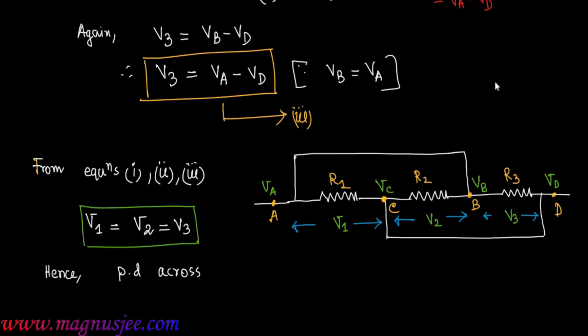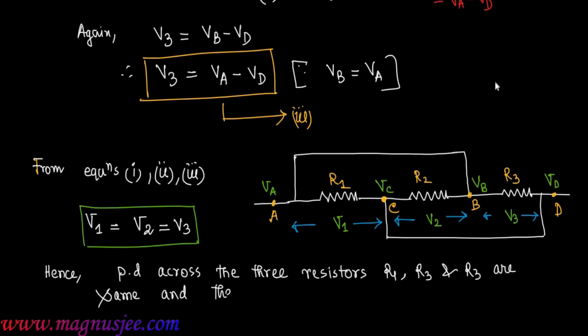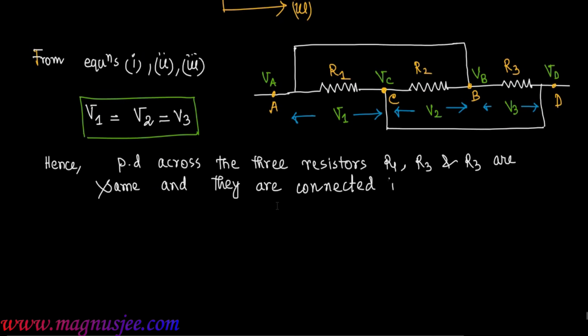Hence, we can say that the potential difference across the three resistors R1, R2 and R3 are the same, and these three resistors are connected in parallel combination between the two points A and D.